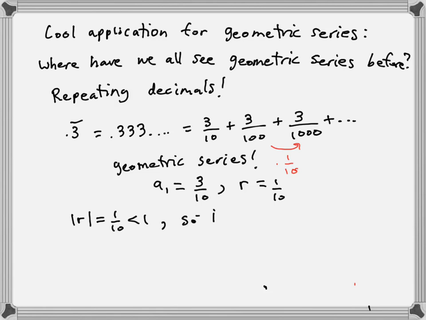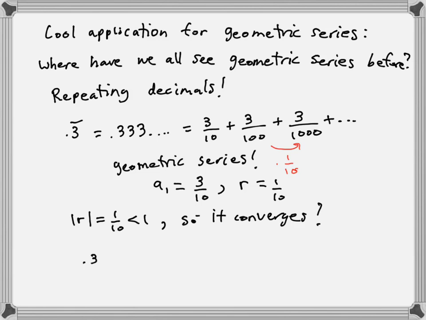So it converges. What does that mean that this thing converges? Well, of course it converges. Otherwise, you wouldn't treat these like numbers, right? But we know that 0.33333 is a number. What does it converge to?